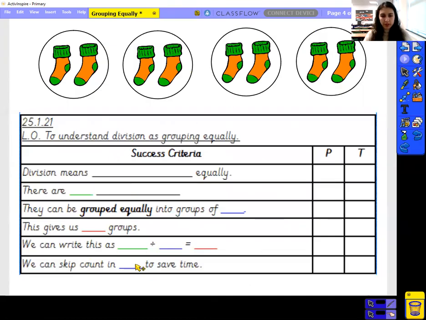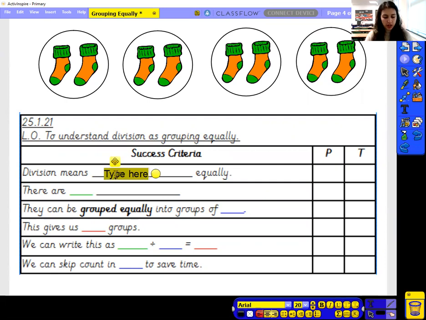So following our success criteria then, today we're learning that division means grouping equally. So we're looking at division as grouping equally. We would start off by saying there are so many objects, for example, there are 8 socks, and they can be grouped equally into groups of 2.